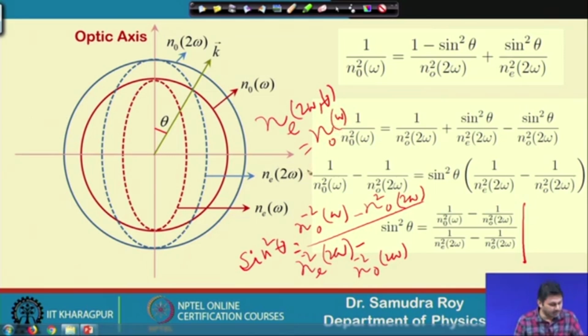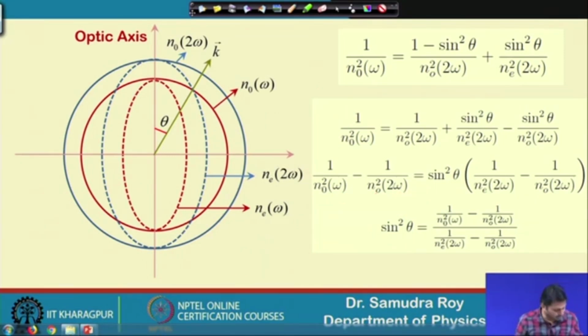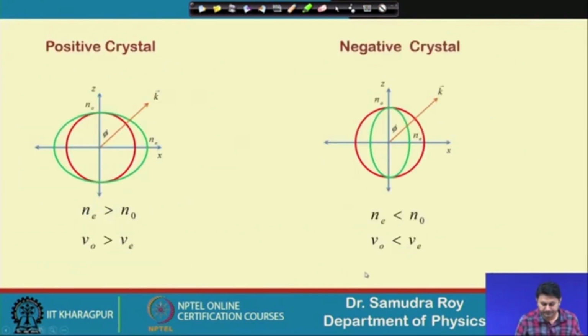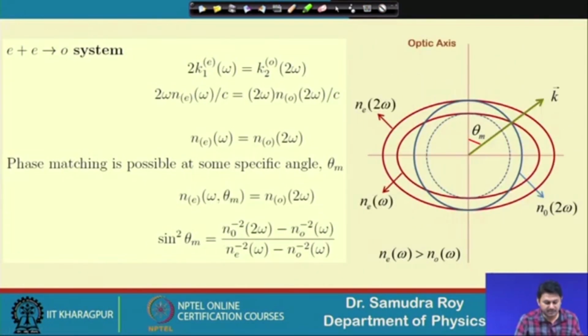Exactly the similar treatment you need to follow in the next case, but you need to be careful that my condition is slightly changed: n_e of omega at theta is equal to n_o of 2 omega.